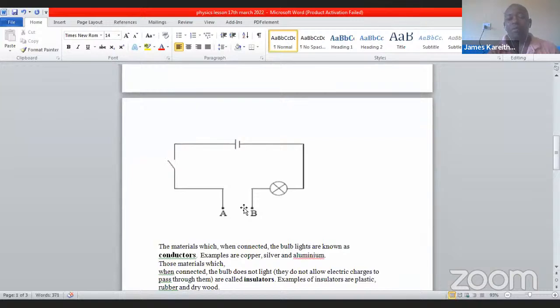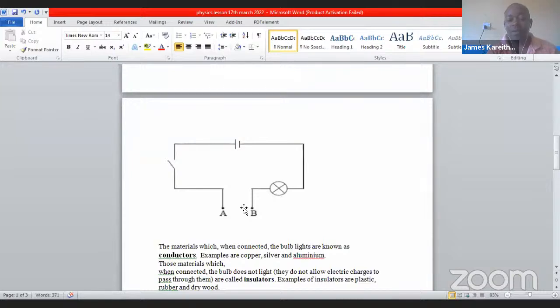It is also good for a student to be able to mention examples in each and every case. For example, if I ask good conductors, you should be in a position to talk about silver, copper, aluminium, etc. When we talk about poor conductors, the best poor conductor we have is called graphite. And number three, we have insulators.